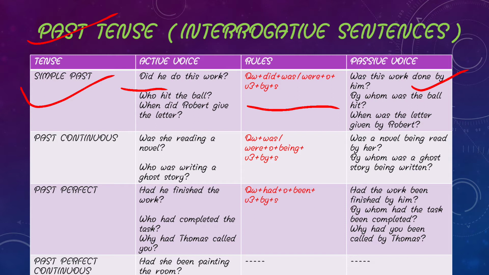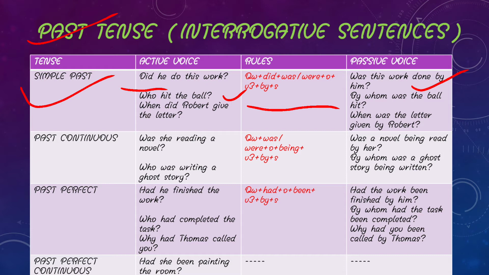Now let's look into the second sentence: Who hit the ball? Here, the subject is who itself, the object is the ball and the verb is hit. The sentence is beginning with a question word, so we need to bring the question word in the passive voice also.